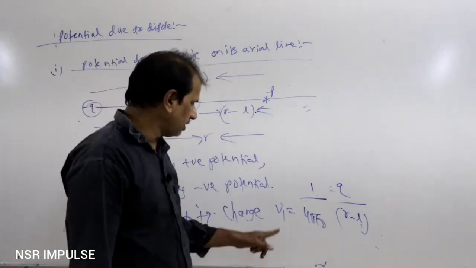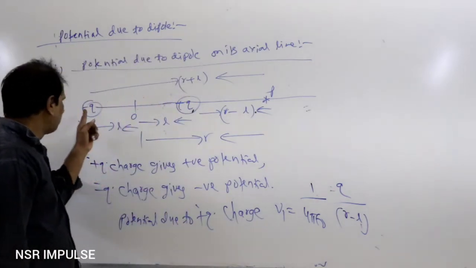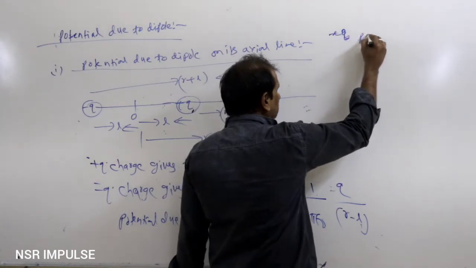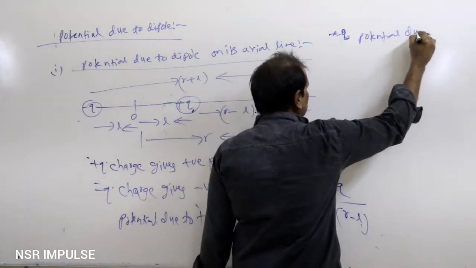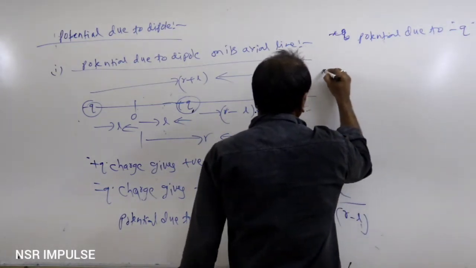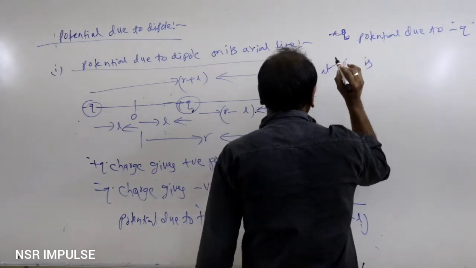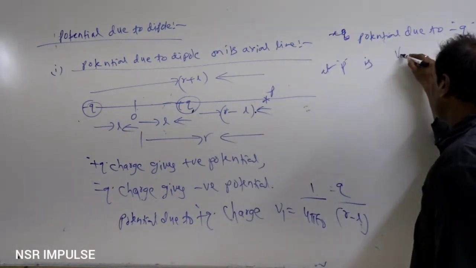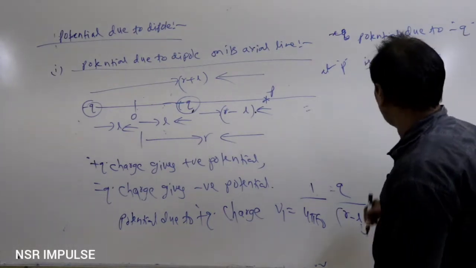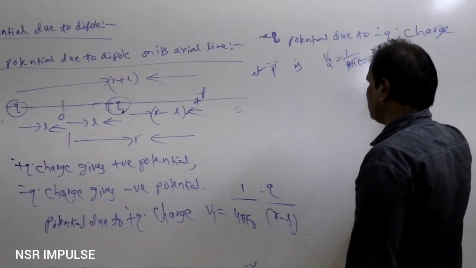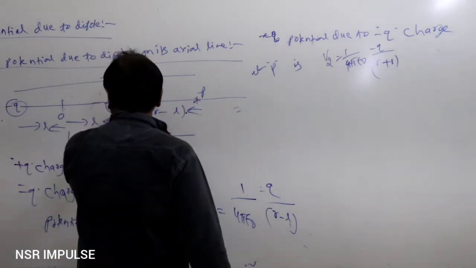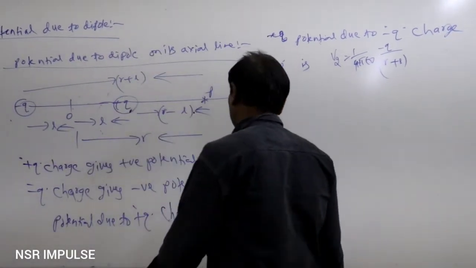Potential is which quantity? Scalar quantity. Then potential due to negative charge, minus q, at point P, V2, is equal to 1 by 4 pi epsilon naught, minus q by r plus L, this distance.